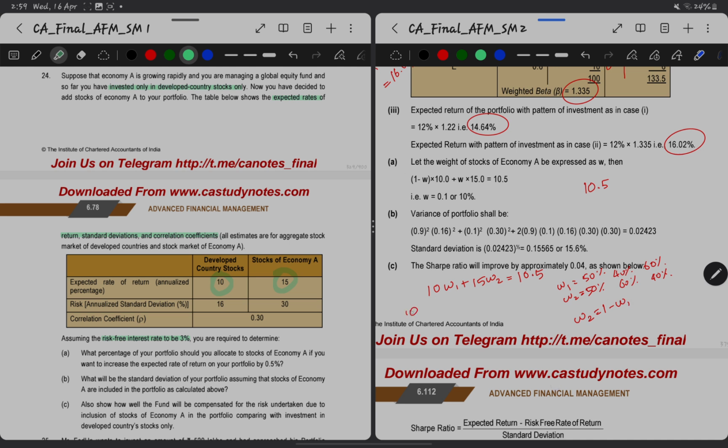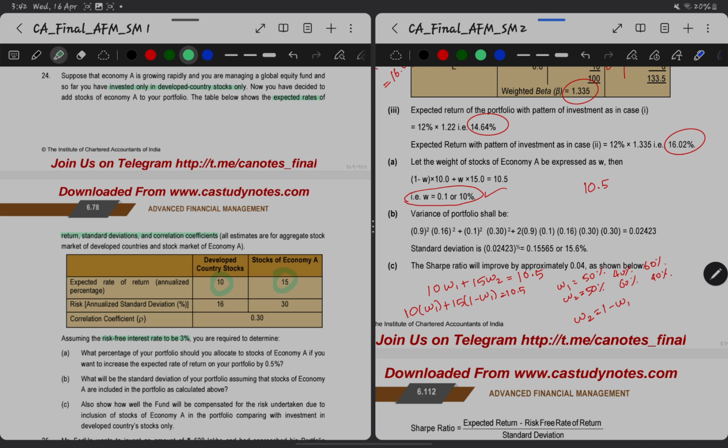So applying in the formula, 10 into weight 1 plus 15 into 1 minus weight 1 will be 10.5. So it will give us the same results, and the weight is calculated as 10 percentage. So the weight of stocks of economy A is 10 percentage.